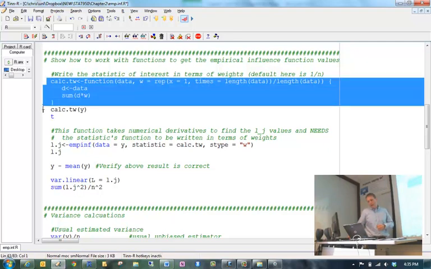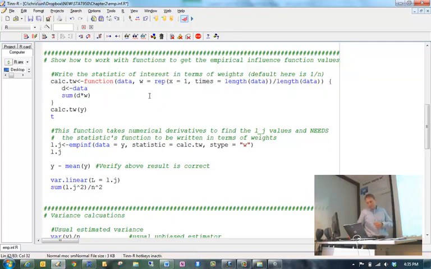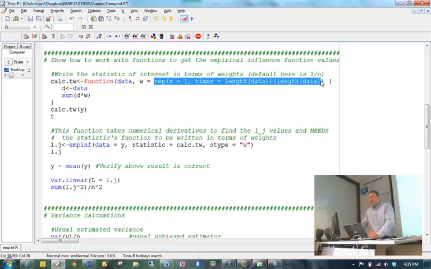Instead, I have to write the function in this form. calc.tw, where w stands for weights. function(data, w), and I define some weights by default. The weights are a vector, and by default it's just 1 over n, 1 over n, 1 over n, corresponding to every data value that you have.